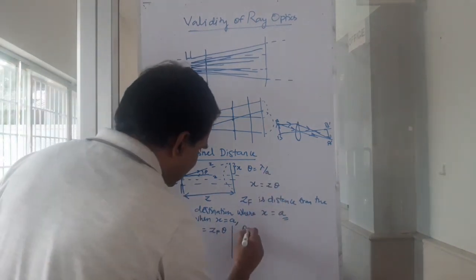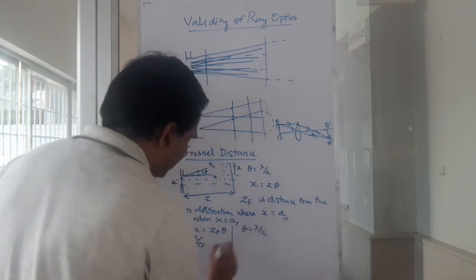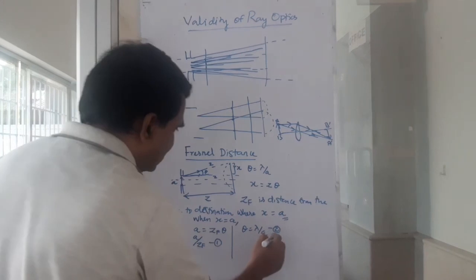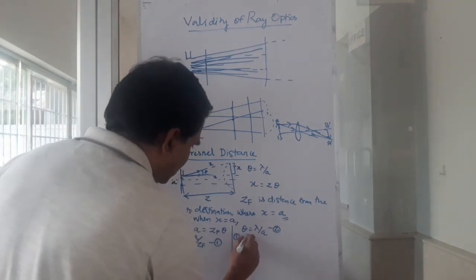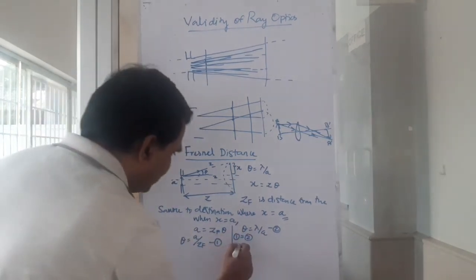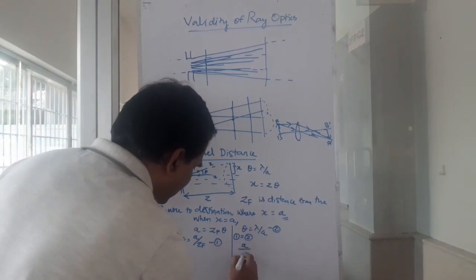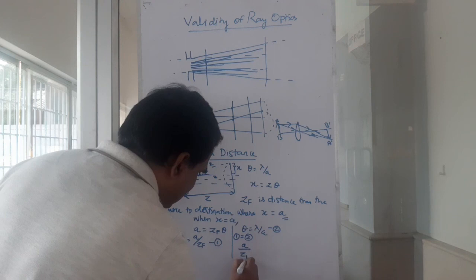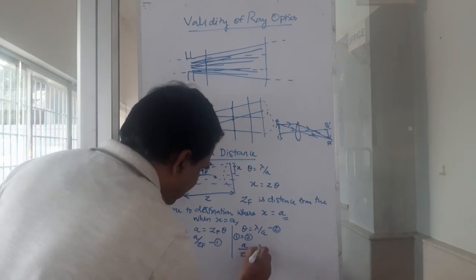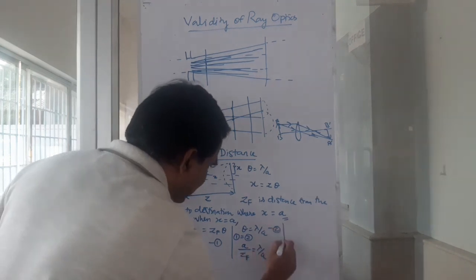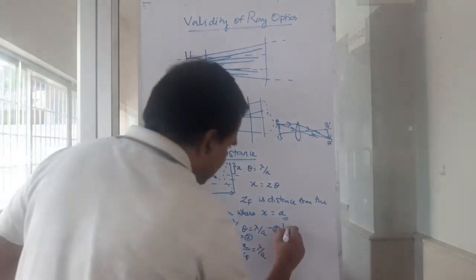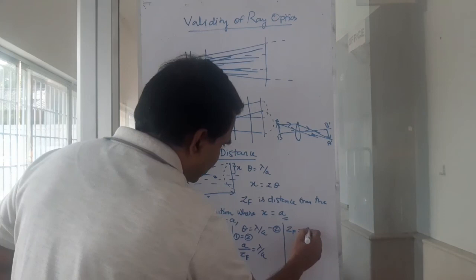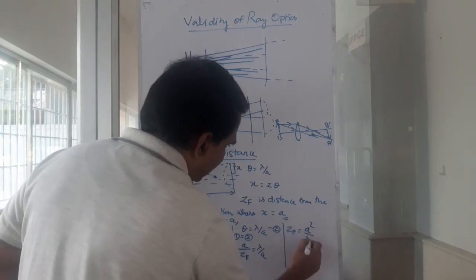You also know that theta is equal to lambda by A. So this is 1 and this is 2. So 1 is equal to 2. So that gives you A by this Fresnel distance ZF is equal to lambda by A. And this gives you ZF is equal to A squared by lambda.